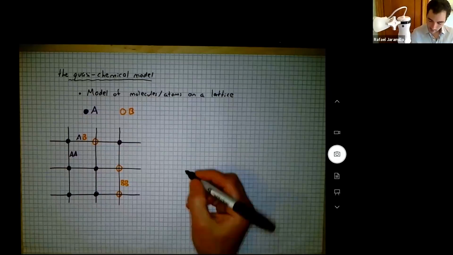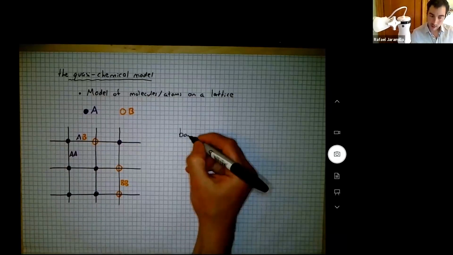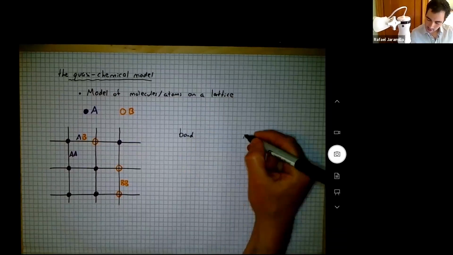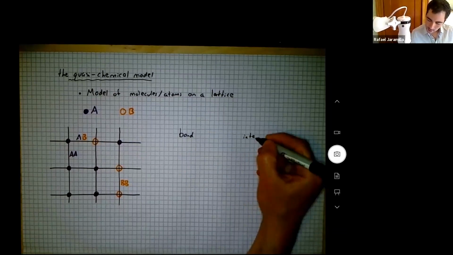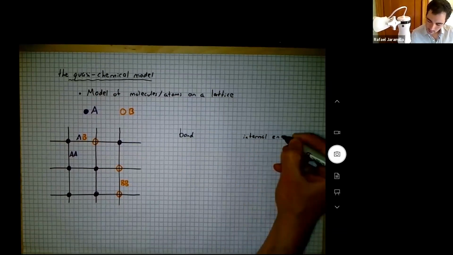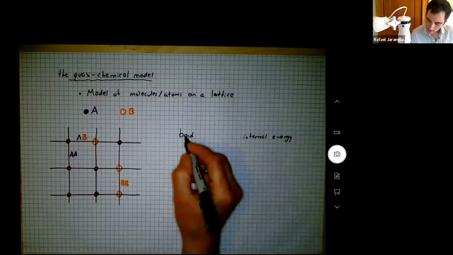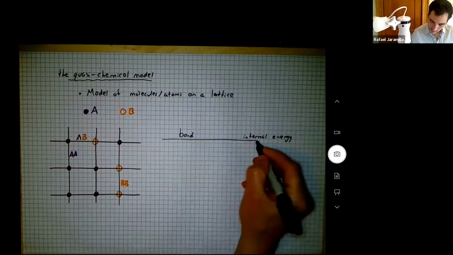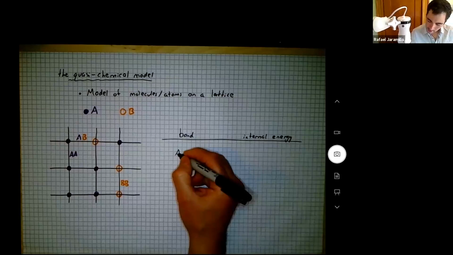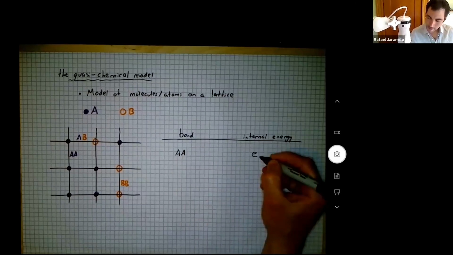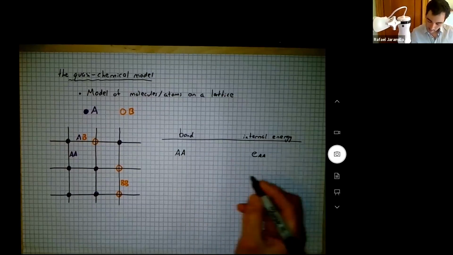So we have bonds and the internal energy of those bonds. So we have the A-A bond. We're just going to assign an energy E_AA. That's the energy per bond.